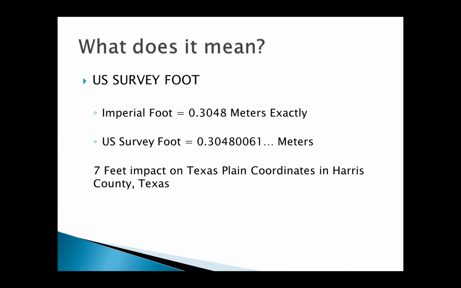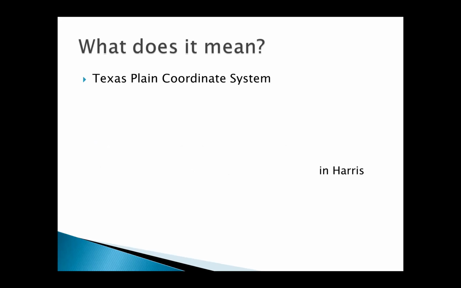The reason this may be of some interest to you is, as of this year, 2020, sometime later this year, I'm not sure when, the U.S. Coast and Geodetic Survey will discontinue using U.S. survey feet in publishing of coordinates. They will use the imperial foot.